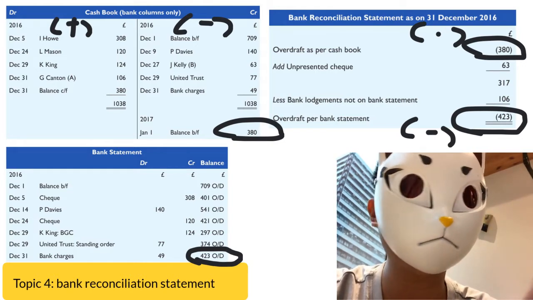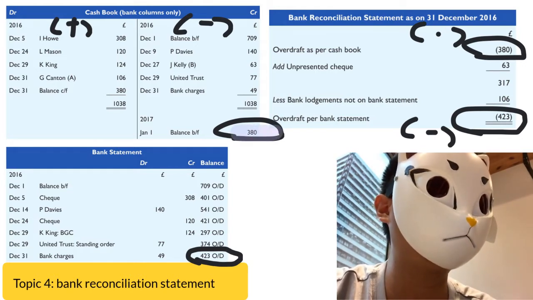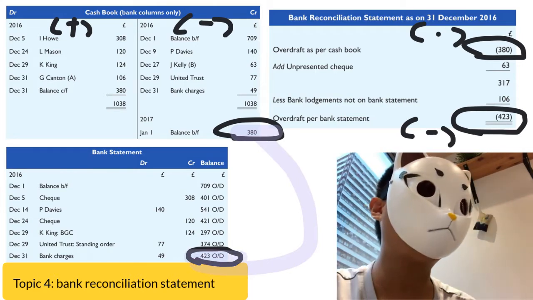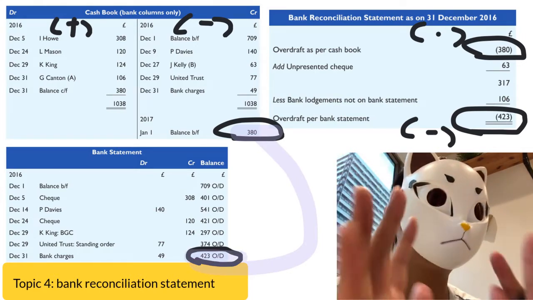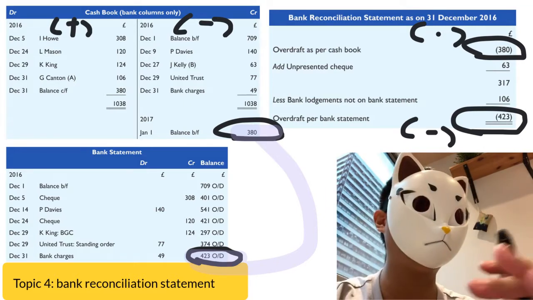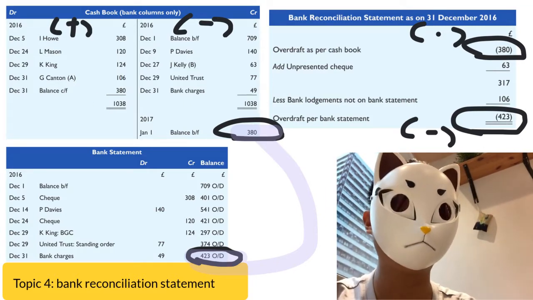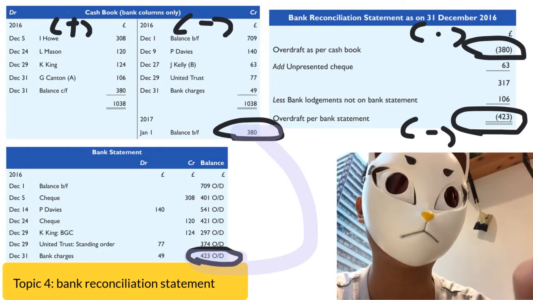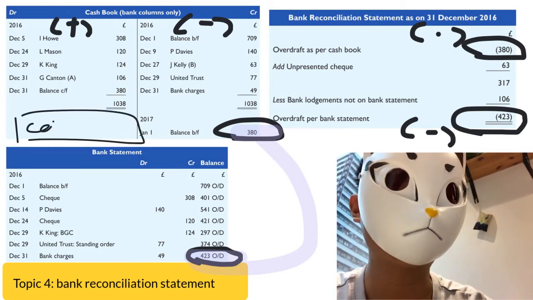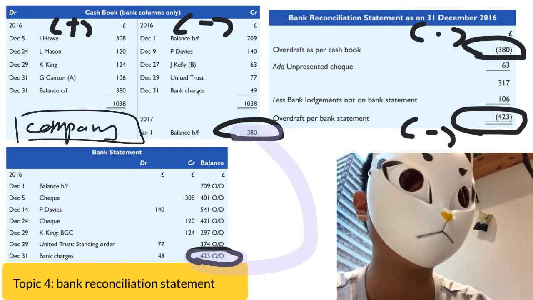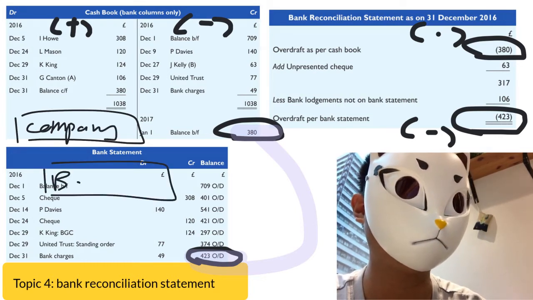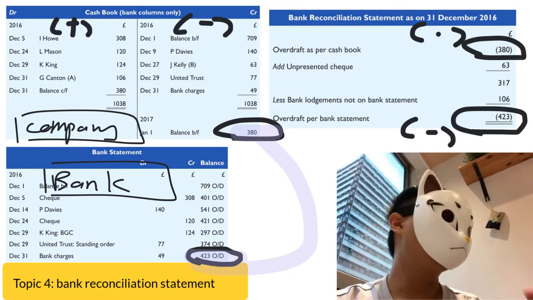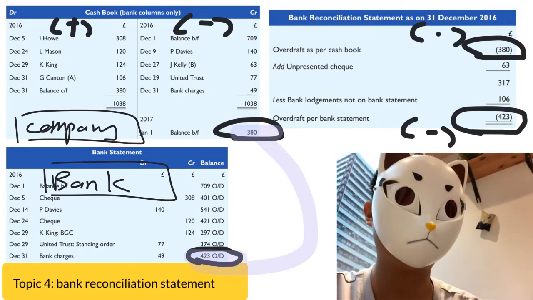You can see our cash book is negative 3HO, but for the bank statement it's negative 423. There must be something different in the company's book and the bank. So let me put it this way: the bank reconciliation statement is to explain the differences between the company's book and the bank. So why there are some different things.